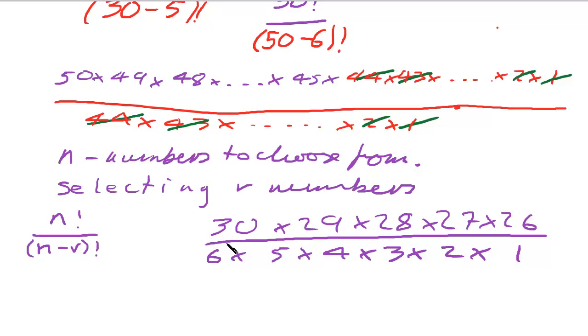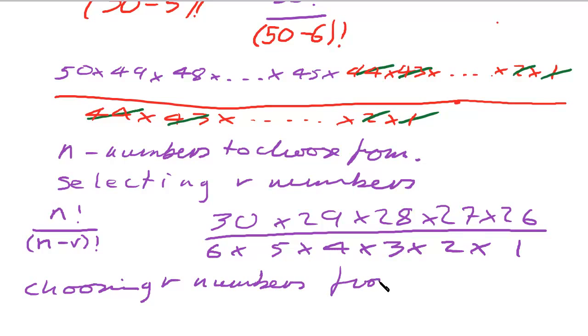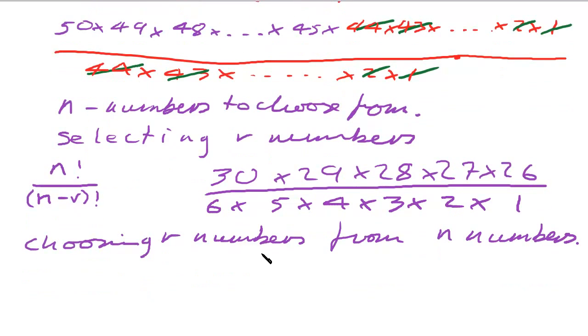So effectively, this is our R value. So to get all these different combinations, we're choosing R numbers from n numbers. The formula for this will be n factorial over n minus R factorial.